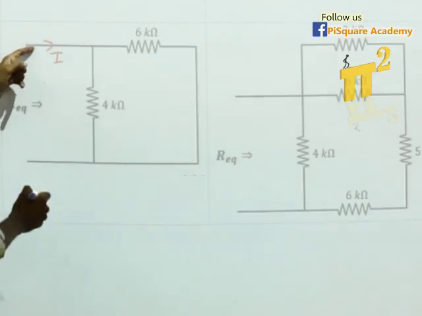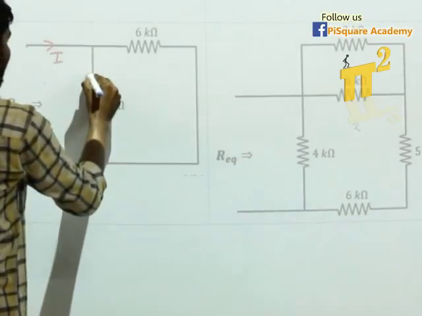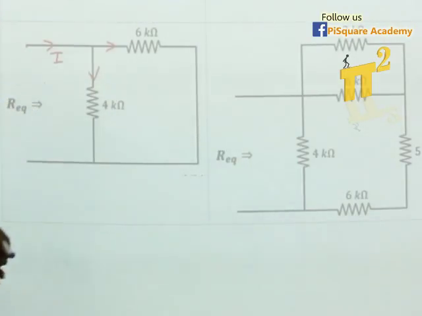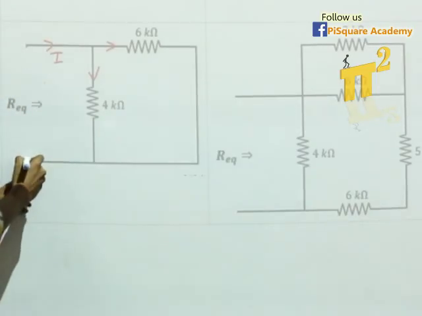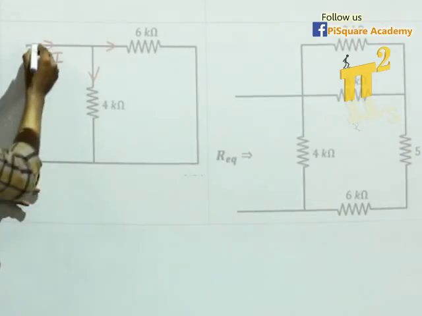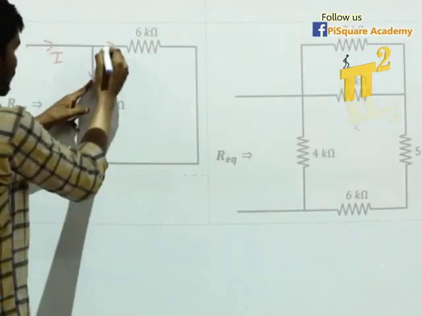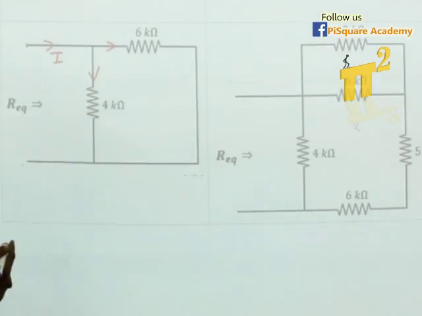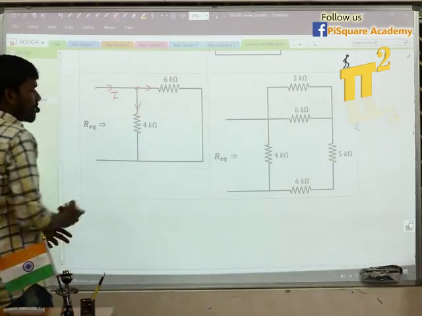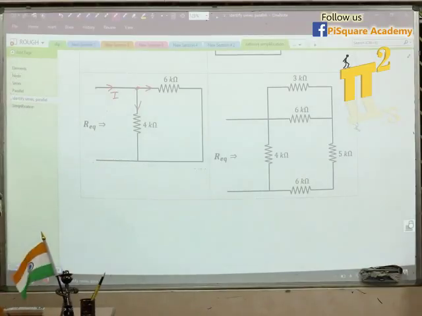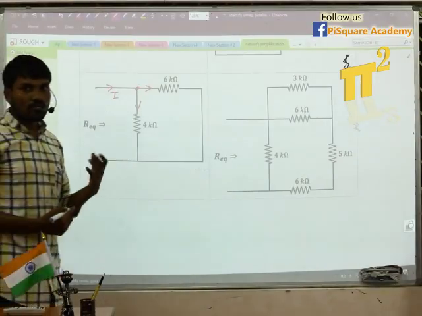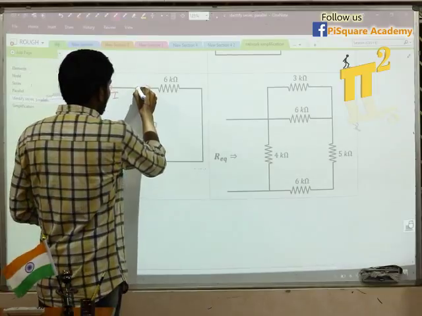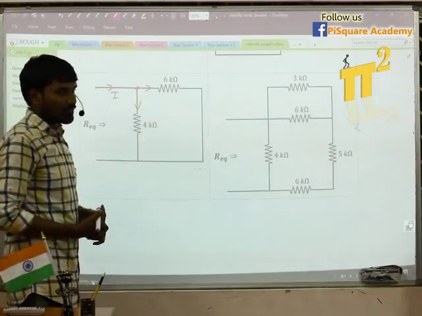If current flows this way, yes, current gets divided. Because I'm assuming if I connect a battery here, how much is the opposition offered to the battery? If I connect a battery here, current flows this way, so current gets divided and the degree of the node has now become 3. So they are not in series.